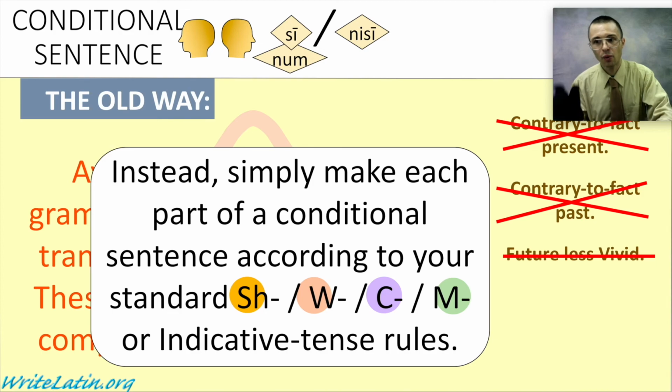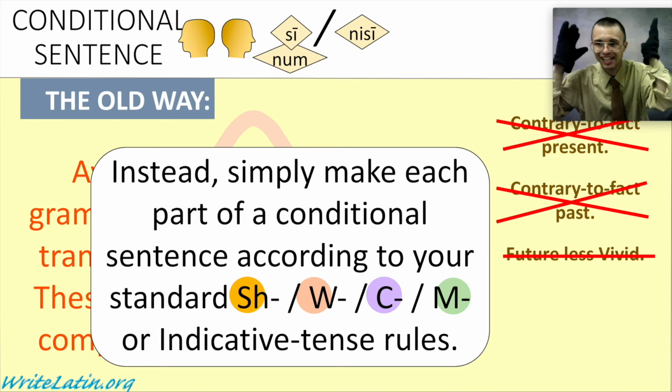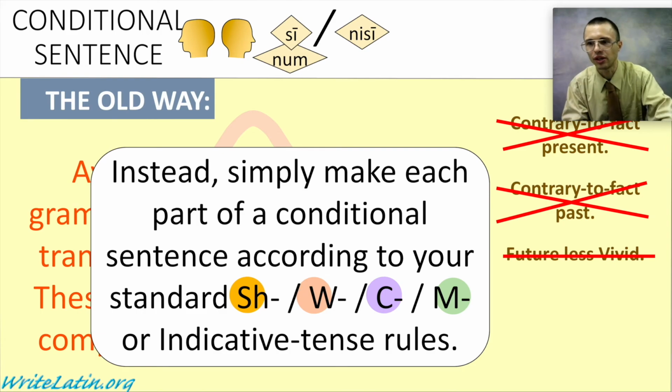Now, it's not going to always be perfect, because sometimes the sense will be a little bit un-Englishy, but you can figure it out. You might have to try a different SHWC or M one to make it really work and sound good, or you could just imagine your timeline and think of it in Latin, not trying to translate it, and that would be the best way to go.